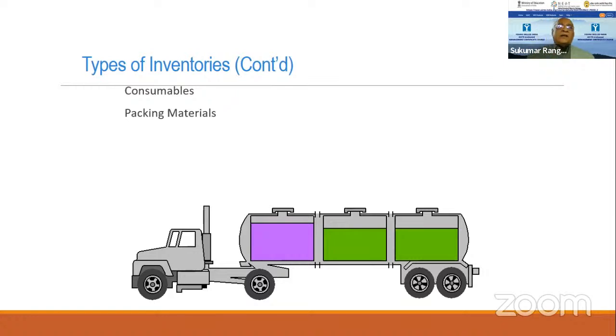Like, let us say, a shampoo or a soap being manufactured. Even milk today comes in sachets. The sachet material is a packing material, but it gets processed in the assembly line itself. Or when something is put in bottles, that bottle is a packing material.